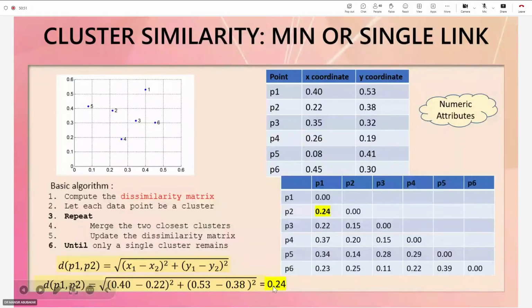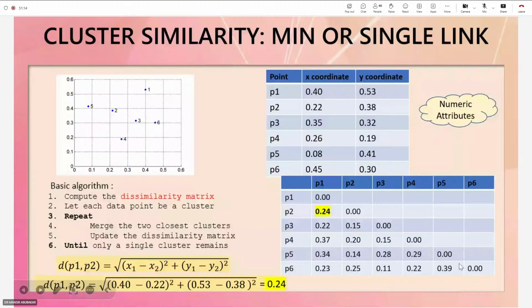So that means here, P1 to P1, we have 0. Then for P1 to P2, this is what we have calculated here, we have 0.24. So this is how all these values are calculated. Maybe you can find time at your leisure, substitute the formula and confirm whether these values are the same.